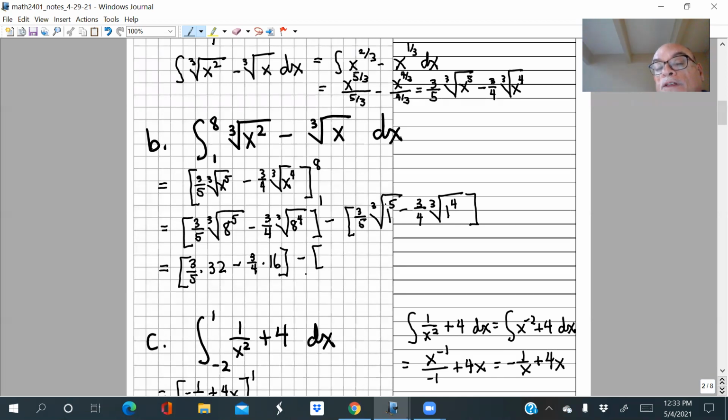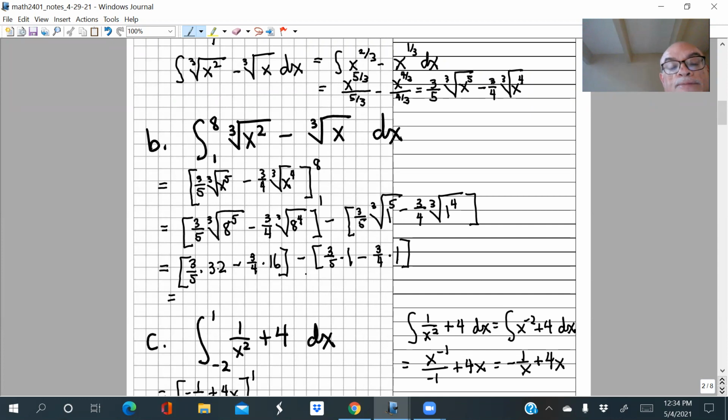Because 1 to the 5th power is 1. The cube root of that, of course, is 1. So you have 3/5 times 1 minus, and then 3/4 times 1 again. Because 1 to the 4th power is 1, cube root of 1 is 1.